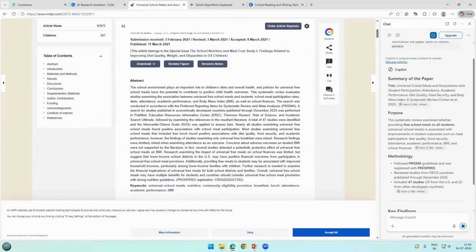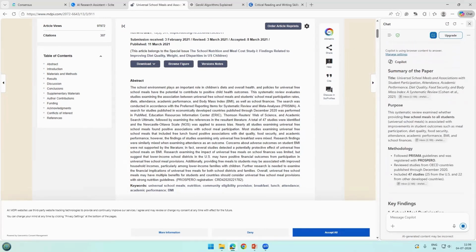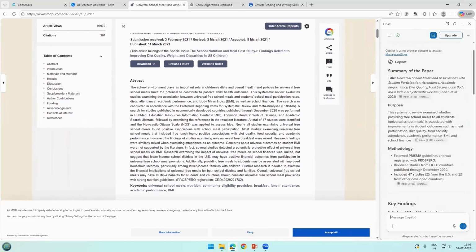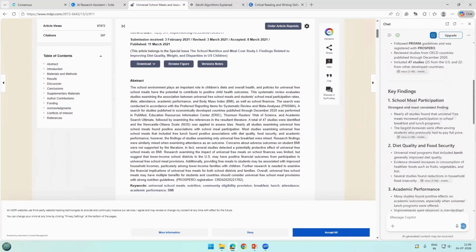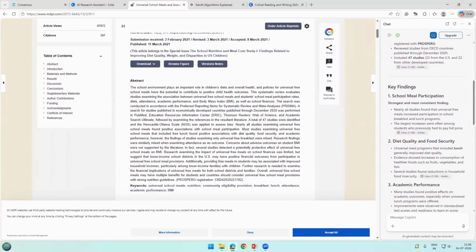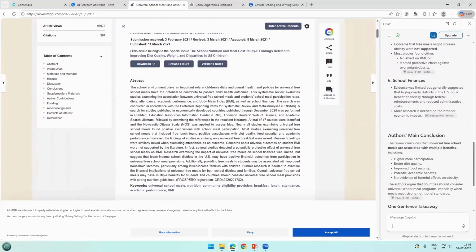So it has summarized it. So how I opened this Copilot, I just clicked on this chat button just below the close button, and it started showing me the key findings, the key methodology that it has used, right? What is the summary of the paper?